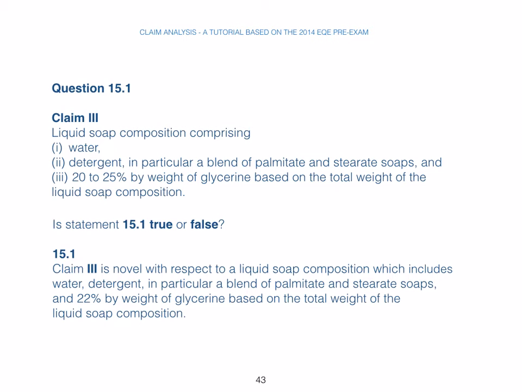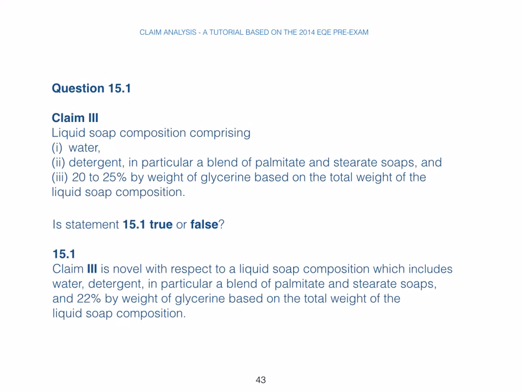This is now question 15.1, which is based on the same claim 3, and the statement 15.1 is: claim 3 is novel with respect to a liquid soap composition which includes water, detergent, in particular a blend of palmitate and stearate soaps, and 22% by weight of glycerine based on the total weight of the liquid soap composition.